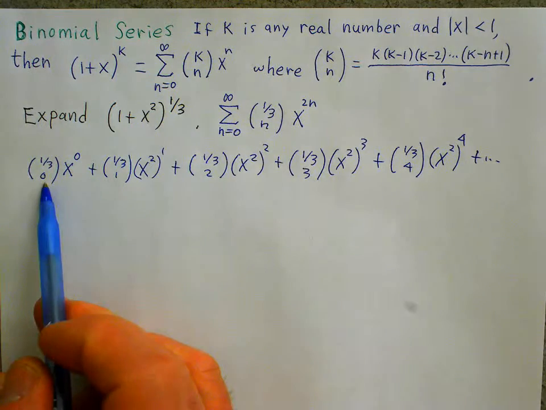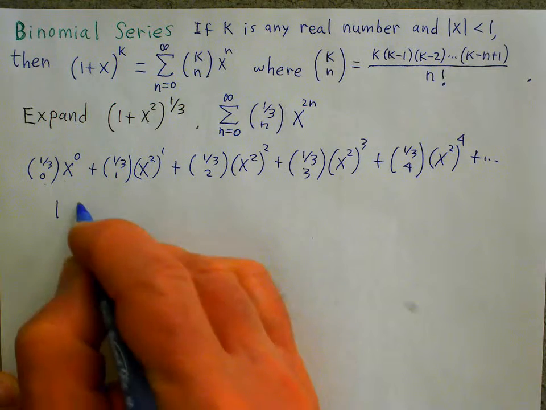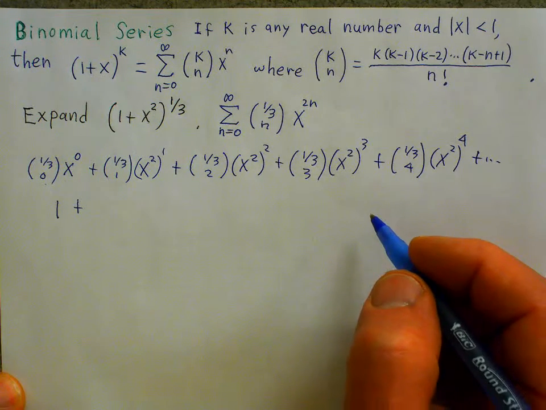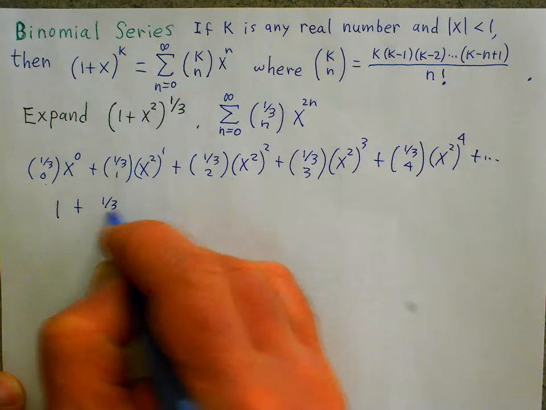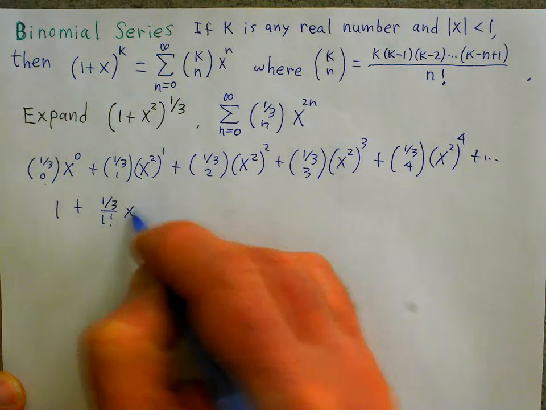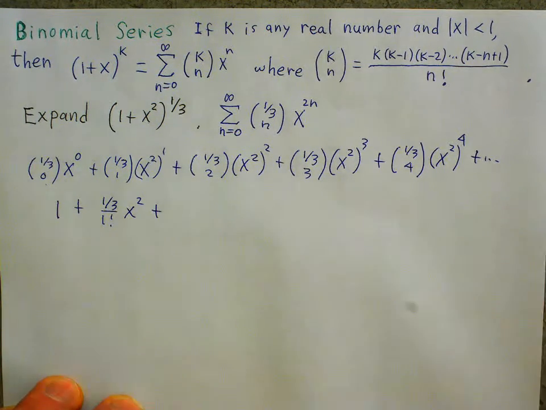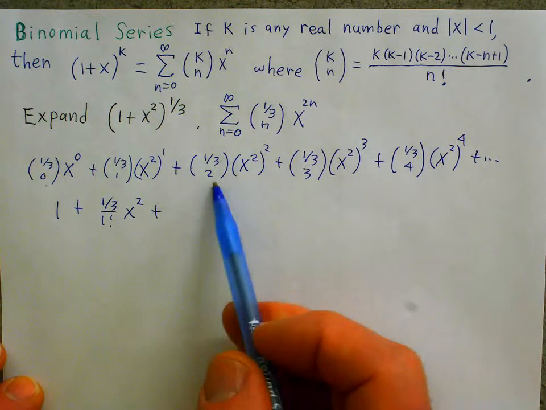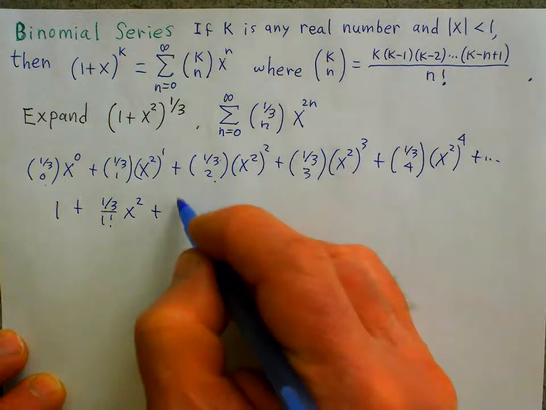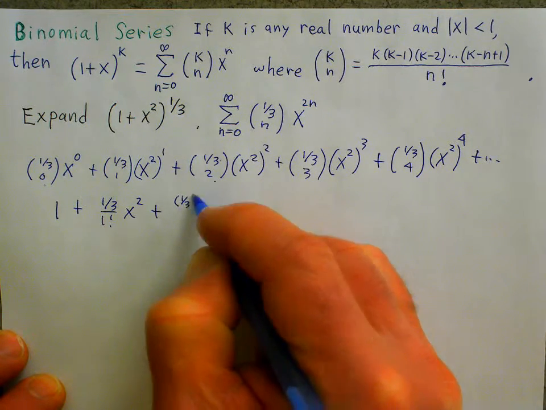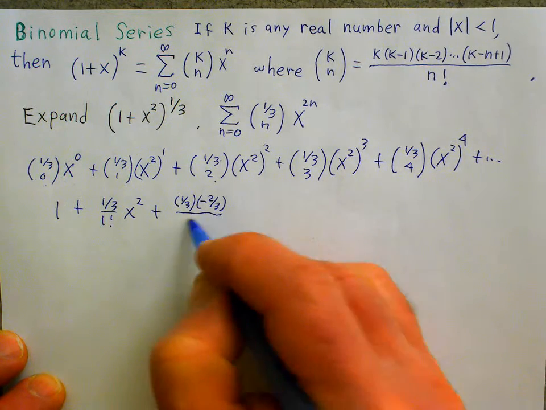Okay, 1/3 choose 0 is just 1, and x to the 0 is 1. So 1 and then plus 1/3 choose 1, that's 1/3 divided by 1 factorial times x to the second. And then what's 1/3 choose 2? 1/3 times negative 2/3 divided by 2 factorial.